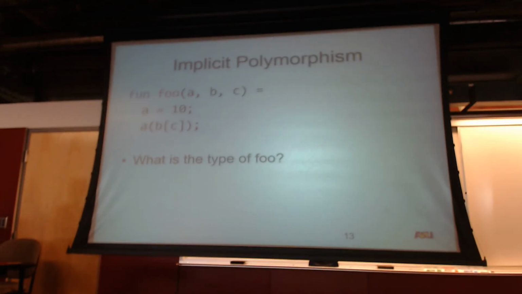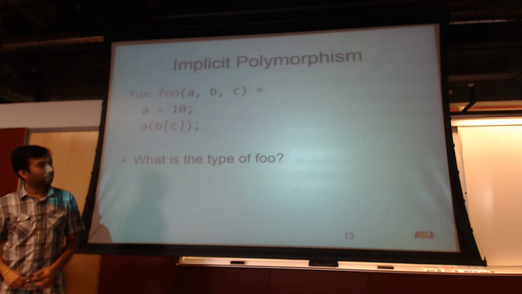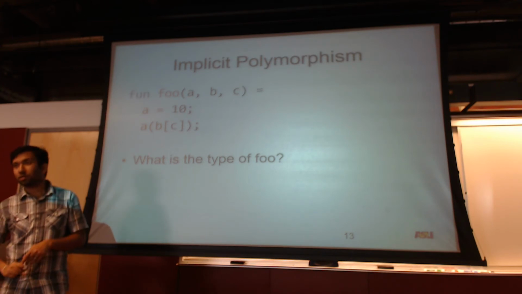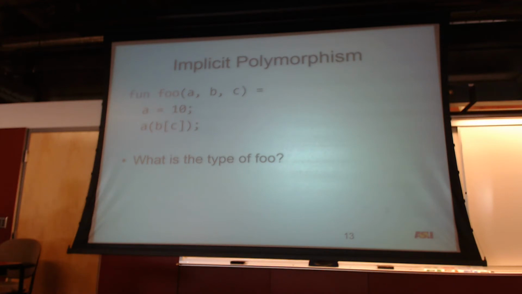How about this? What is the type of foo? So we have a function foo a b c. We initially assign a equals 10, and then we do a parenthesis b c.